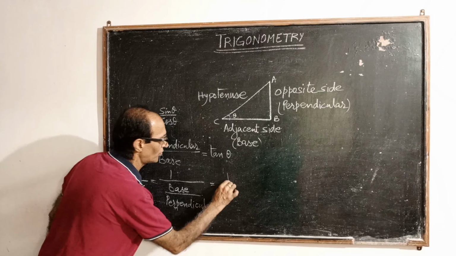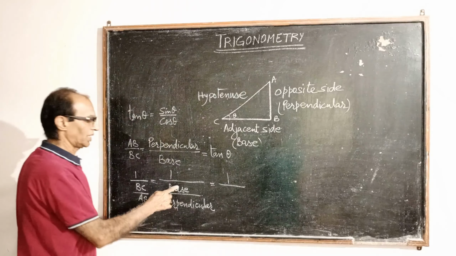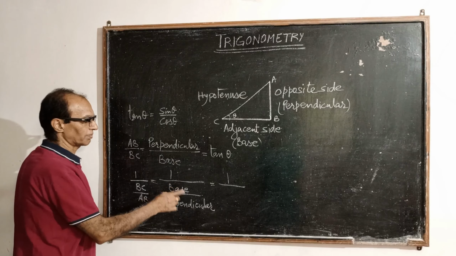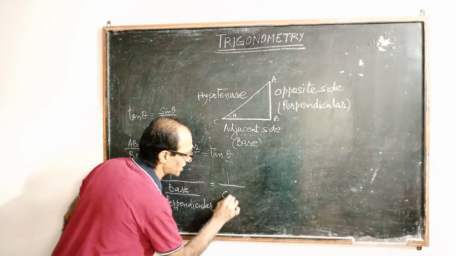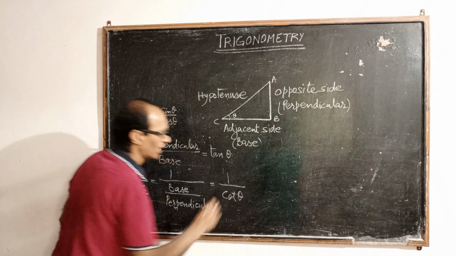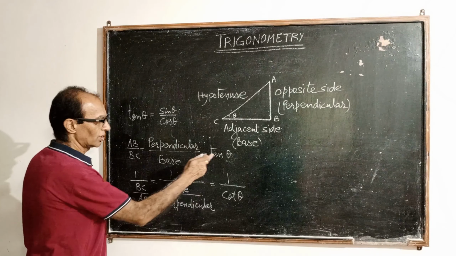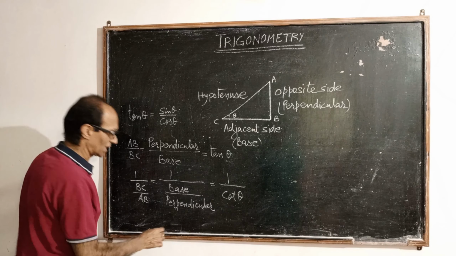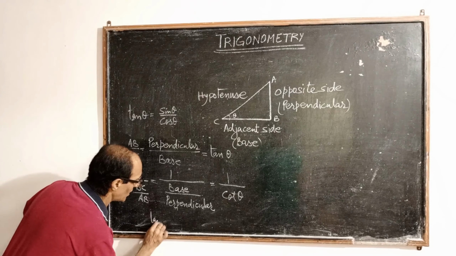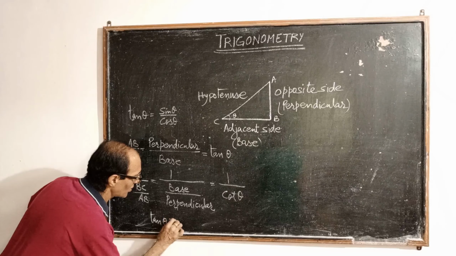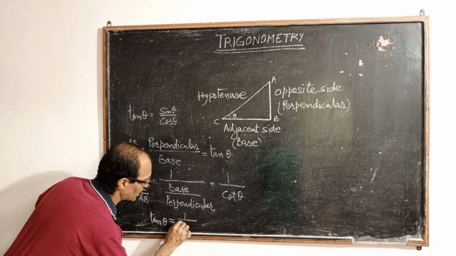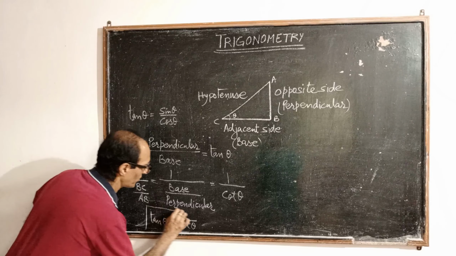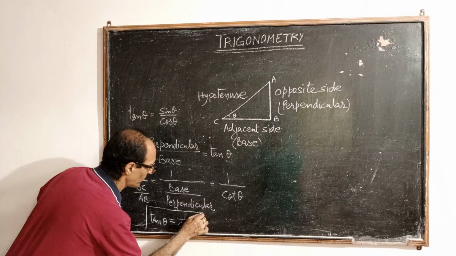Now see that this is base upon perpendicular, not perpendicular upon base. Base upon perpendicular is cotangent theta. So tangent theta can be written as 1 upon cotangent theta. So that becomes our next relationship. Tangent theta is 1 divided by cot theta. So this is it.